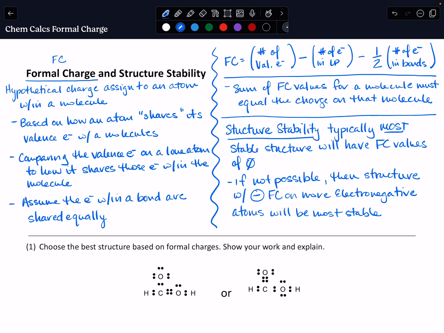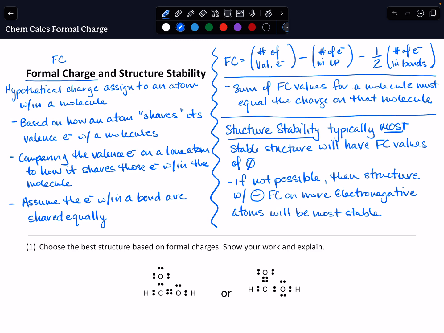Same thing with the positive charge. The less electronegative atoms should have the positive charges, because electronegativity is this ability to attract electrons. So it makes sense that atoms that have a negative formal charge are the ones that are attracting the electrons. So that will be the most stable structure.